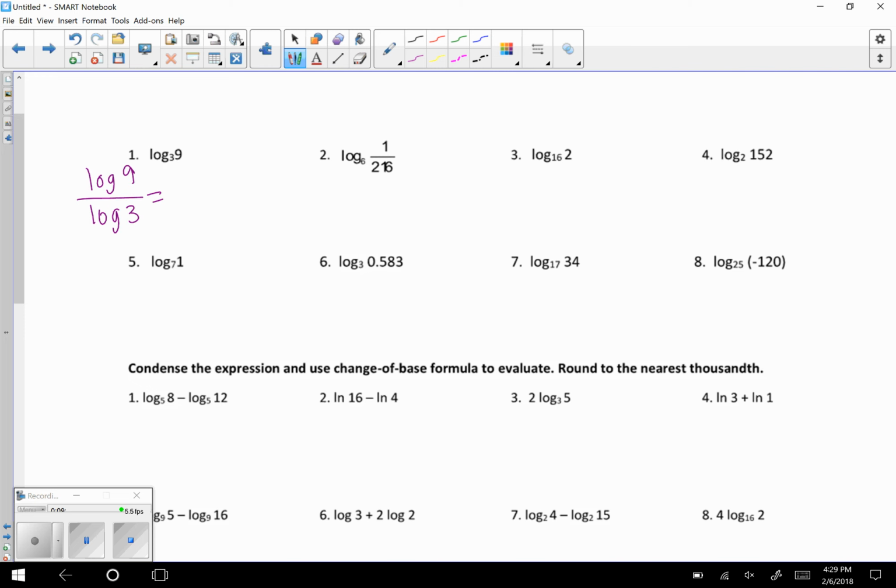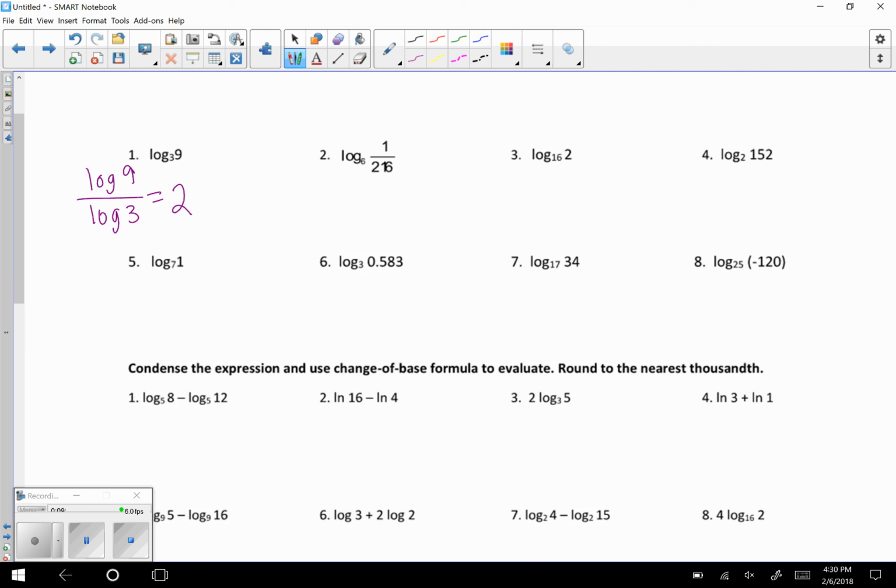Plug that in your calculator. When you do that, you need to be careful. When you do log of 9, it opens up parentheses. So after you enter that 9, you need to close the parentheses, then press your division button, and then do log 3. Otherwise, it's going to evaluate a log within a log, and that's not going to give you the correct answer. So log 9, close the parentheses, divided by log 3. Hopefully you got a 2.